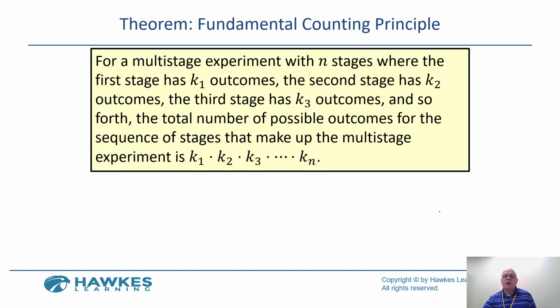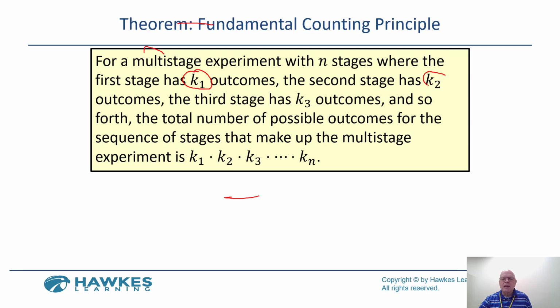So we're back to the fundamental counting principle. You have n stages. In other words, n different things that you're doing. The first thing can be done this number of ways.